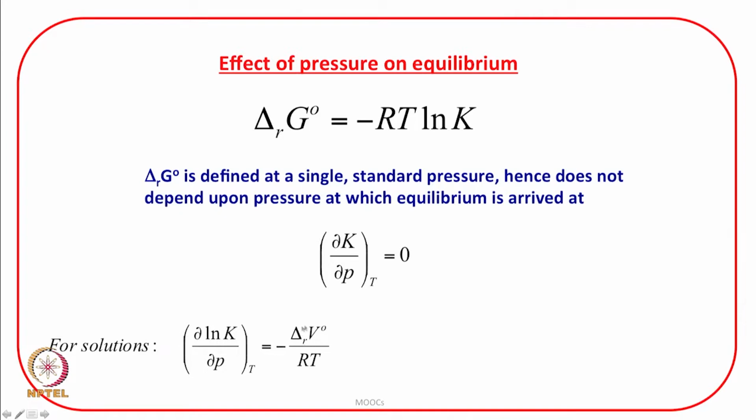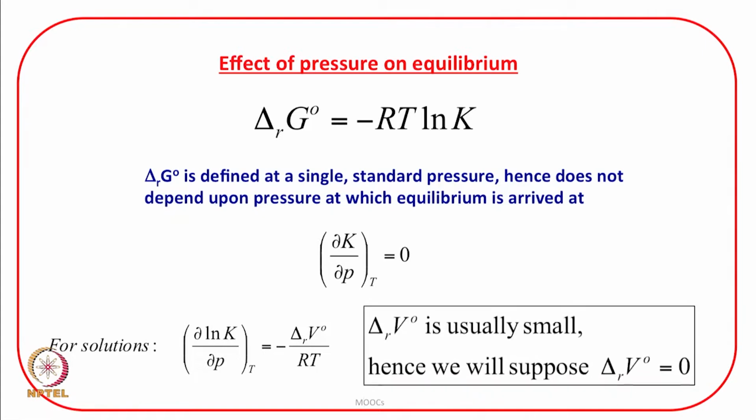Usually for solutions, this value is very small and can be conveniently neglected. Therefore, in our discussion, we will suppose that delta R V naught is equal to 0, and in general we will suppose that the equilibrium constant, of course for gases it does not depend, is independent of pressure.